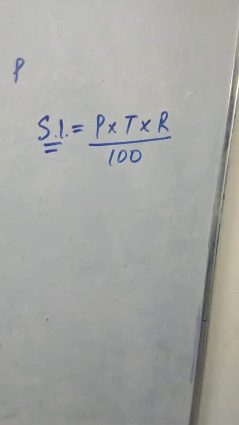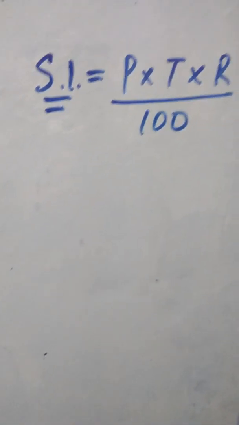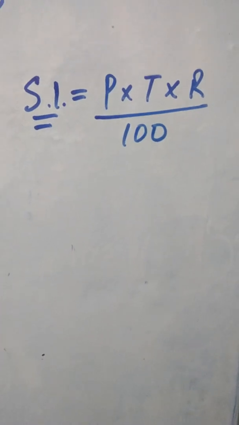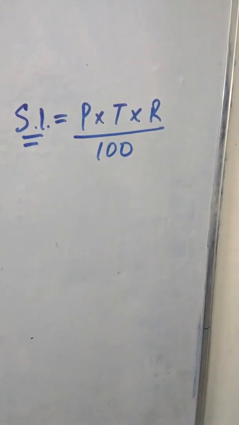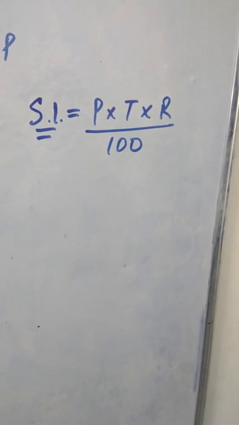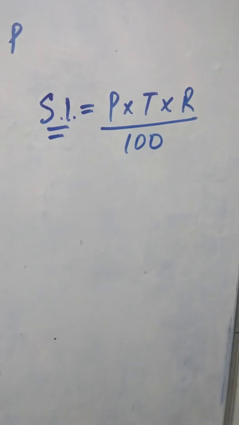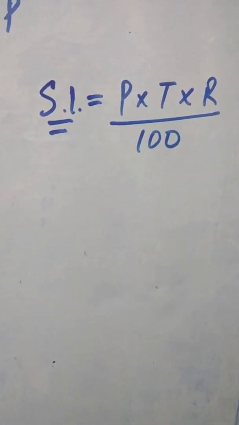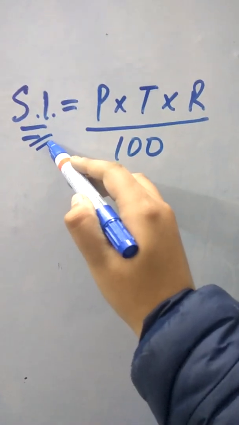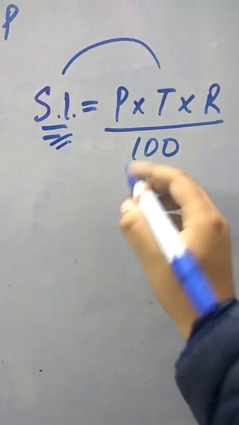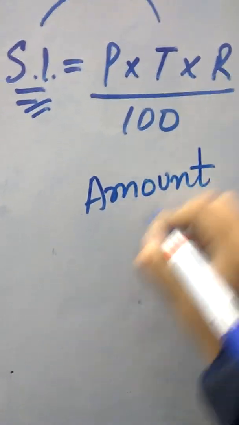Now this is just the interest. If we talk about amount, that is the total amount that has to be given. So the amount is the sum of the principal and the simple interest. Along with the principal, we need to give this simple interest, and this total comes out to be the amount.